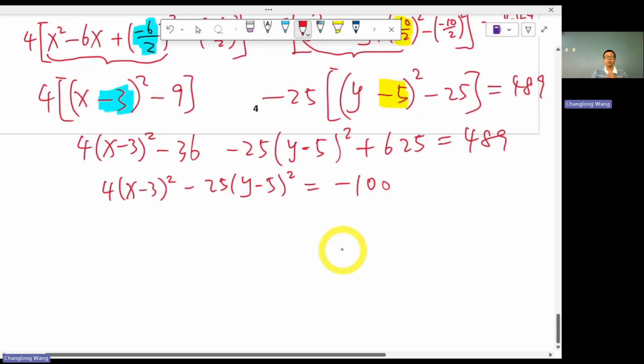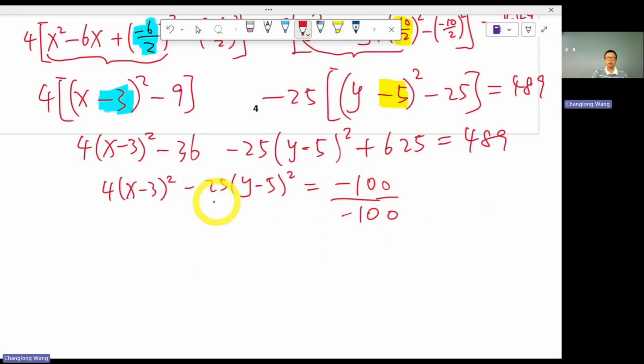To get the standard form, we need to divide all by the constant on the right-hand side to get a 1, right? Whatever that constant is, it will never be 0, so divide out -100.